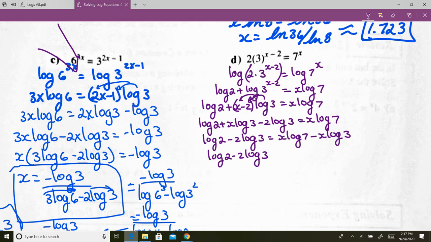Once you've logged and expanded it, it's the same process every single time. And then divide that off.